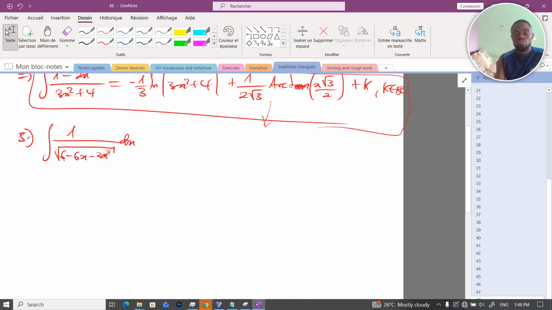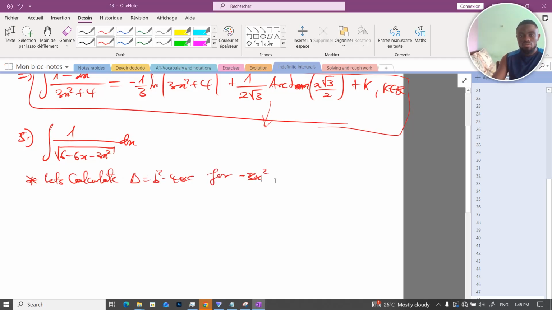Basically, you have to calculate delta of what is inside. So the first thing I will do is let's calculate delta, which is equals to b squared minus 4ac, for minus 3x squared minus 6x plus 6. Let's calculate delta.